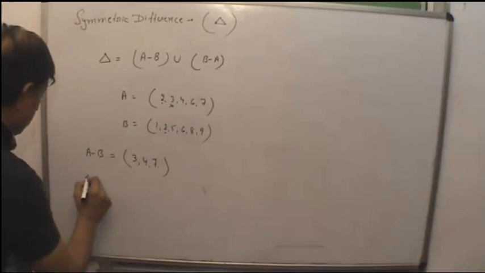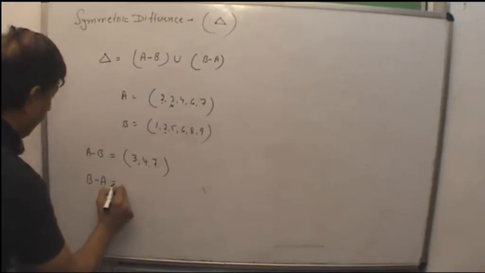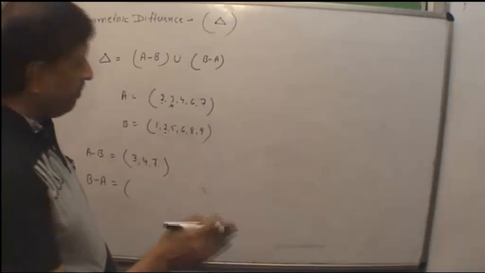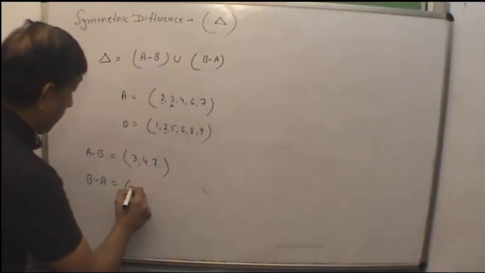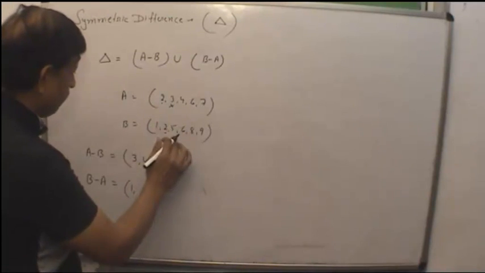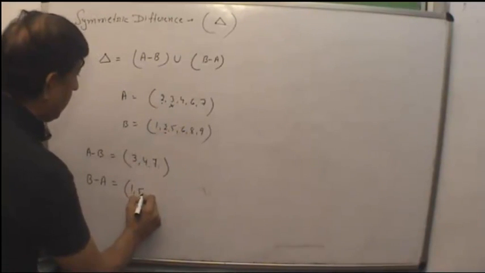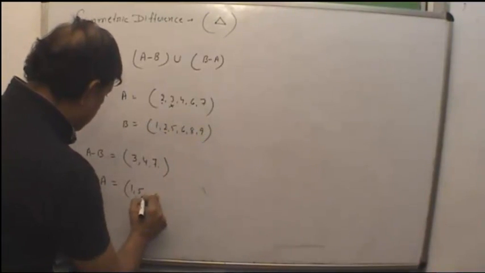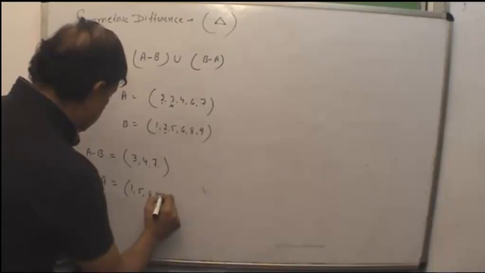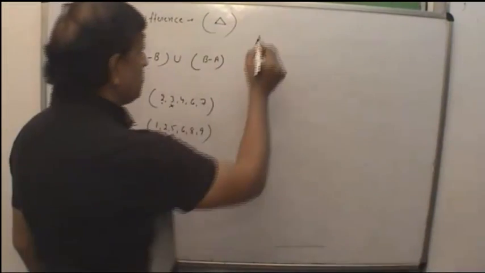Then we consider B minus A. Now we start with B. Those elements of B which are not in A. Say it is 1, 2, here 5, 1, 5, 6 is present here, then 8 and 9. Then what is the symmetric difference?